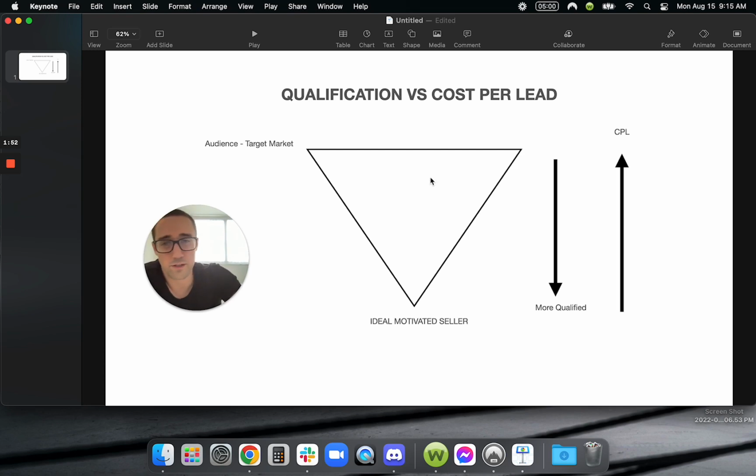So the way that we go about this specifically with Facebook is we will cast a wide net at first. I will encourage this, and it is especially true right now with Facebook. If you target a wider audience, you're opening up the algorithm to more opportunities to come through the funnel, which gives us more data, which helps us to optimize faster and actually brings the cost per lead down.